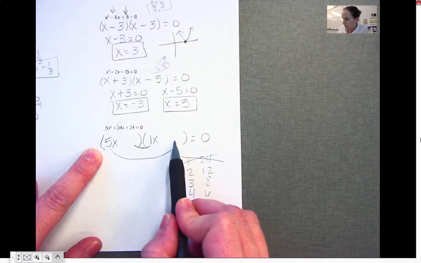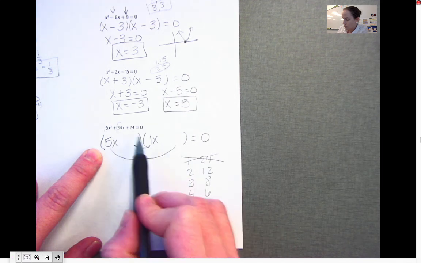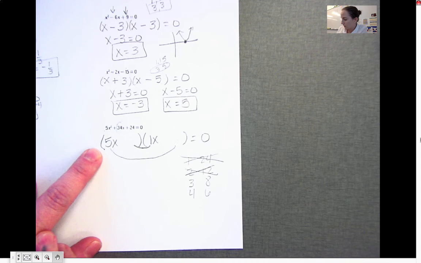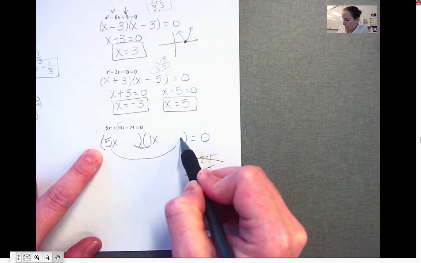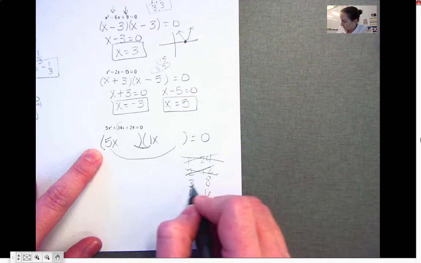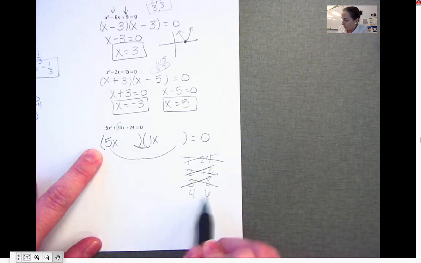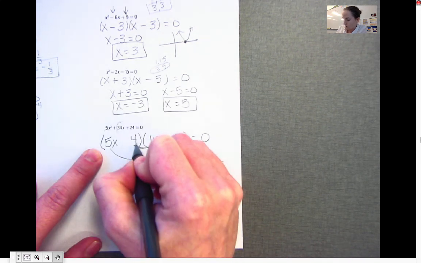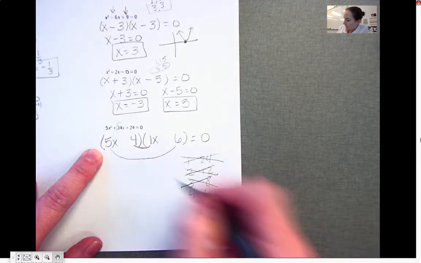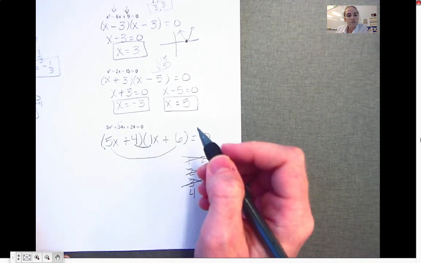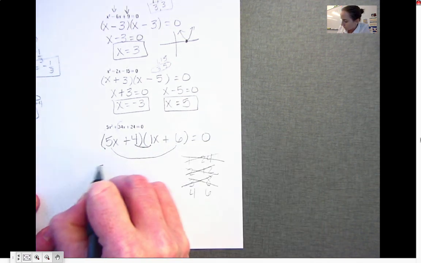But if I put a 2 here, I'll be at 10. 10 and 12, that's not going to work. With 3 and an 8, I'll have 40 and 3. That's close, but it's not going to work. But here, I can put a 6 here and get to 30, and put a 4 here and get to 34. And since they both have plus signs, plus plus, now we just set them equal and solve.